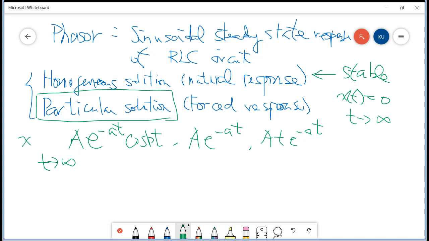Then x of t will be 0. And usually for a stable system, it will look like this.